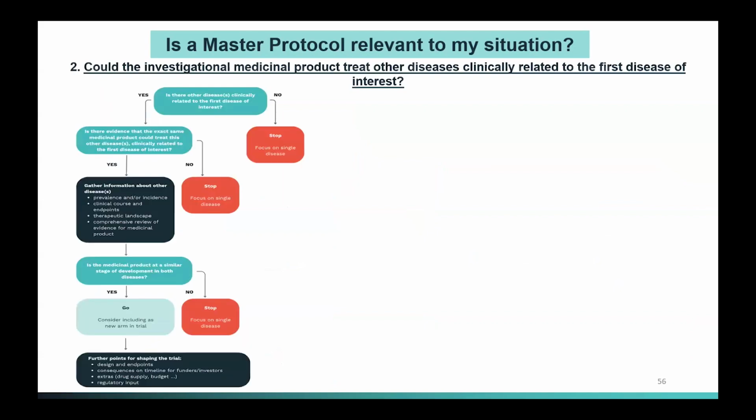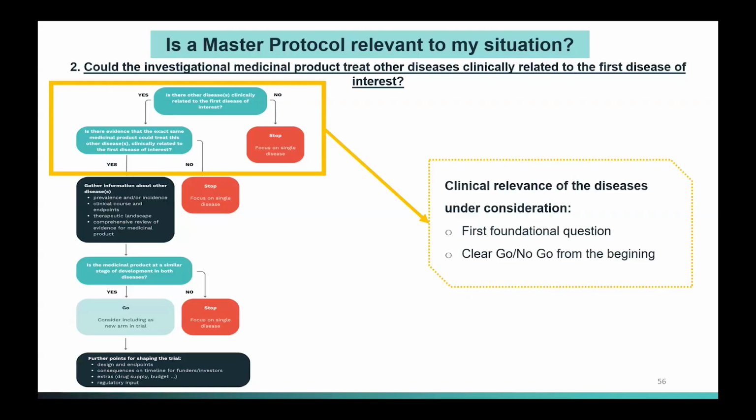If yes, then is there a scientific or pharmacological rationale that the drug candidate can treat the other disease or not? It's a very clear go or no-go in this case. If no, then you stop there. If yes, you move forward and start looking at the logistics of the trial, how it's going to look. So, yeah, this is just a brief overview.